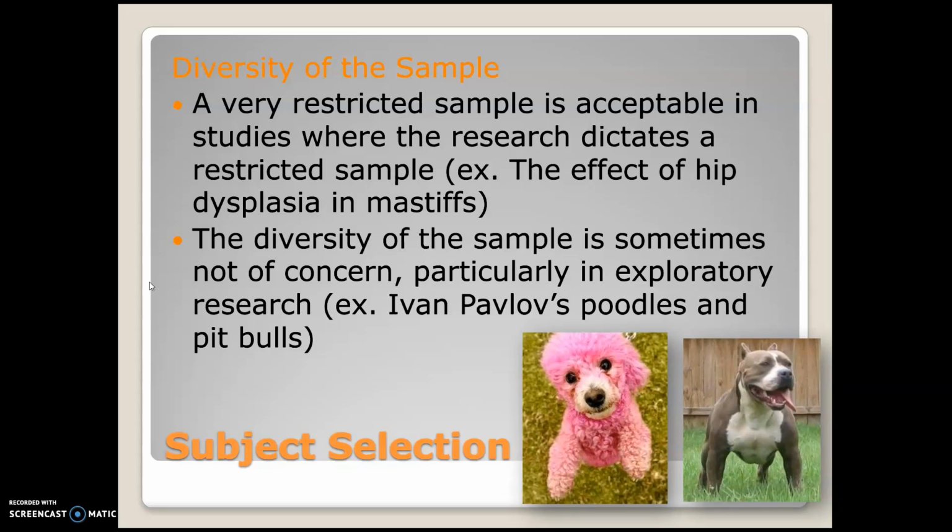They would both have the same response. They would both salivate or learn to salivate at the sound of a bell based on classical conditioning, right? And granted, the poodle would probably salivate less and that pit bull would salivate more, but they would still salivate as a result of the classical conditioning. So there's not really a concern in either of these studies whether or not the study is particularly diverse. Obviously, these are extreme examples, but I just want you to keep it in mind.